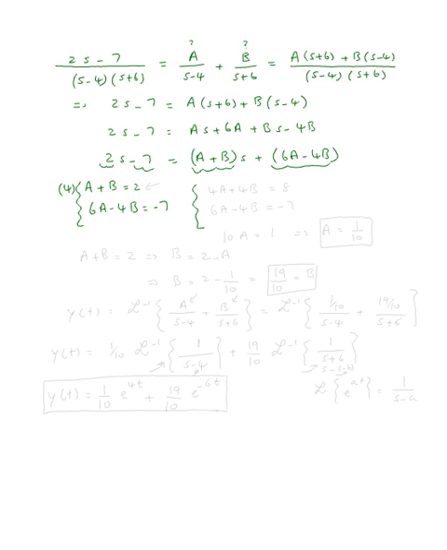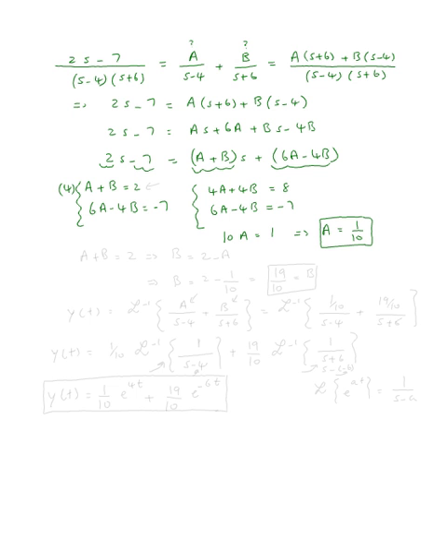If we multiply the first equation on the left and right side, that gives us 4A plus 4B is equal to 8, and the bottom is 6A minus 4B is equal to negative 7. Now if I add, I get 10A, 8 minus 7 is 1, which means A is equal to 1 over 10.